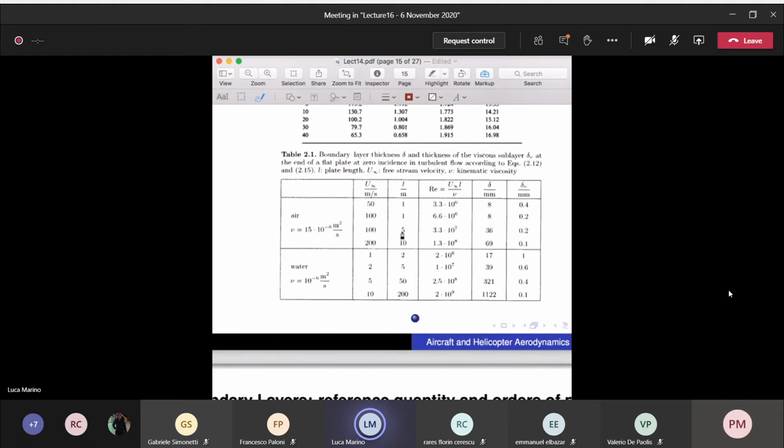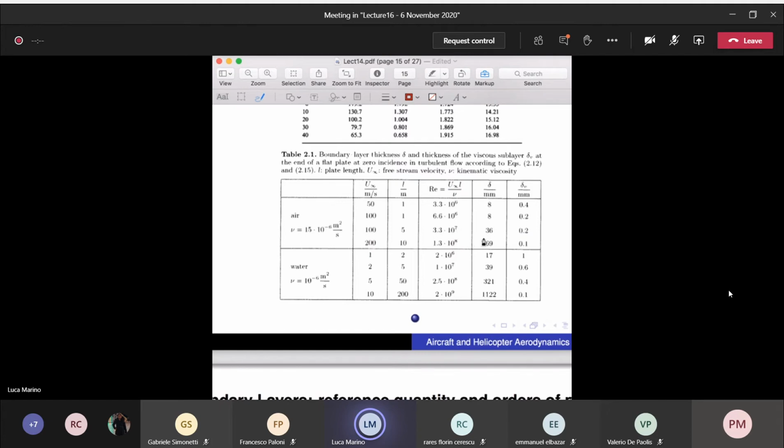If we have 5 meters, for example, of characteristic length, which is the typical value of a quite big aircraft, and 100 meters per second, which means 360 kilometers per hour, so it can also be higher, the Reynolds number is around 10 to the 7.